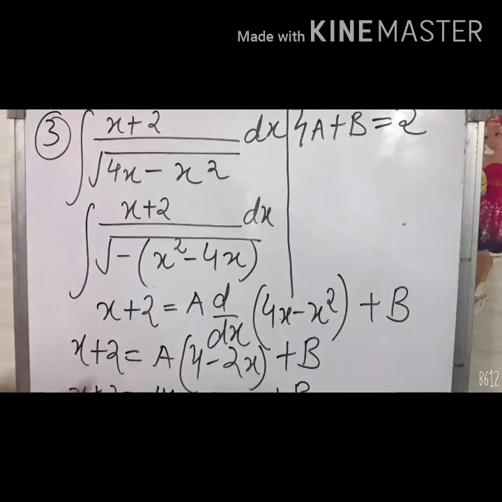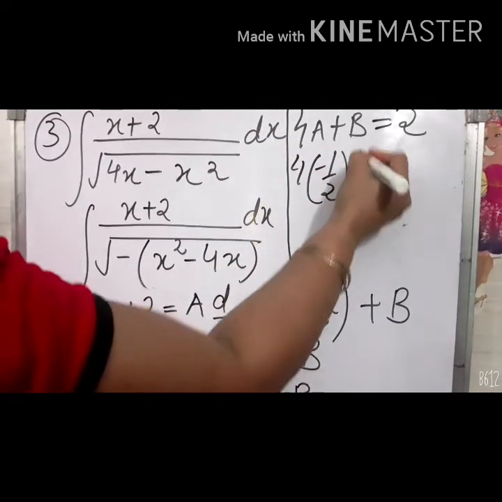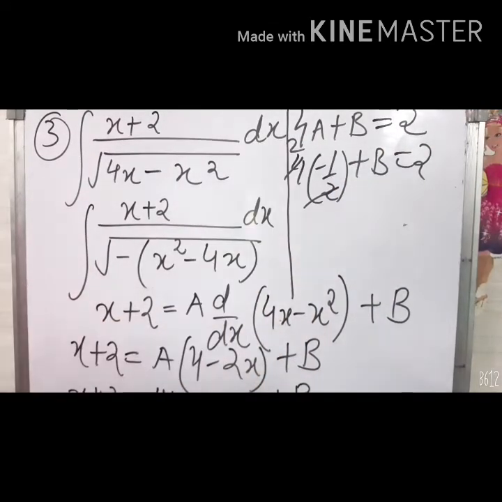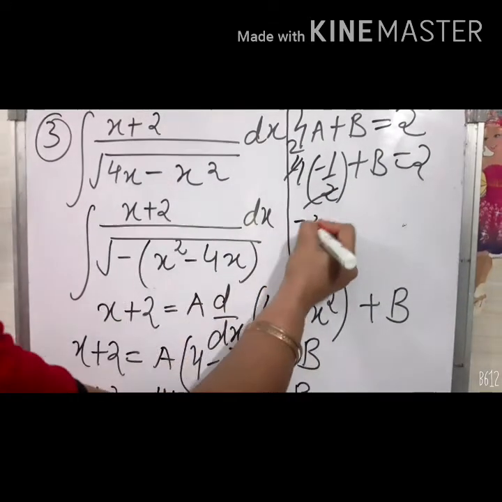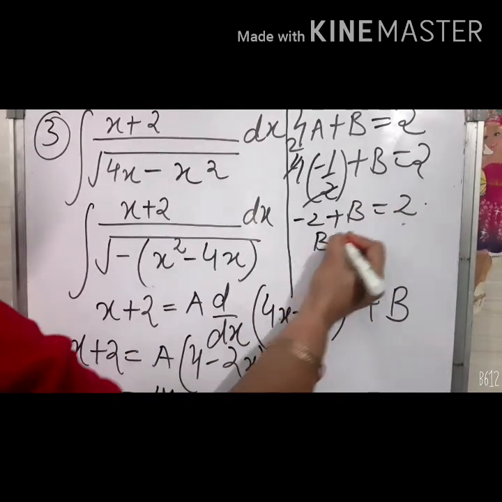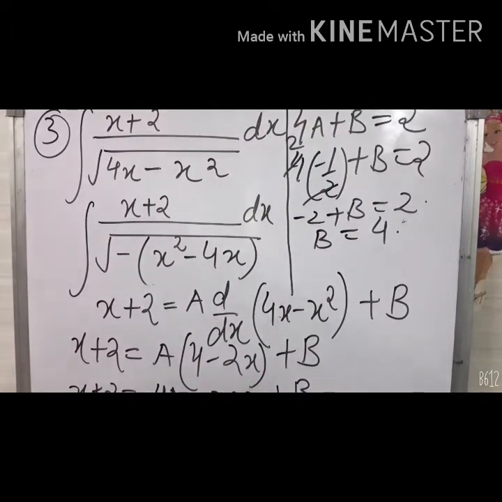Perfect. The value of a I have, I will put in the equation, 4a plus b is equal to 2. This got cancelled. I got minus 2 plus b is equal to 2, and b is equal to 4. I got the values of a and b.